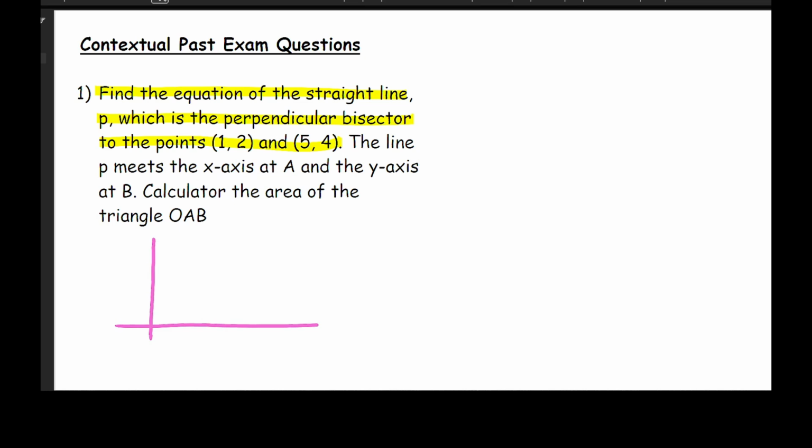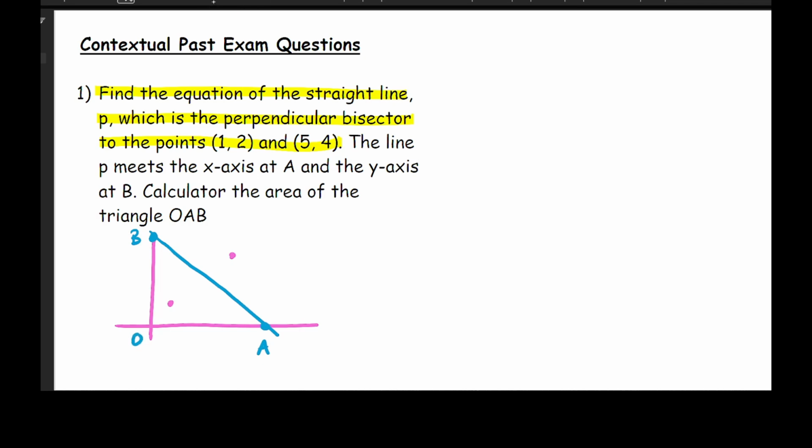Now 1, 2 I'm just going to say is here, and 5, 4 I'm going to say is here. Now the perpendicular bisector is going to be somewhere like this line here, in which this point here is A and this point here is B, and the O is the origin.